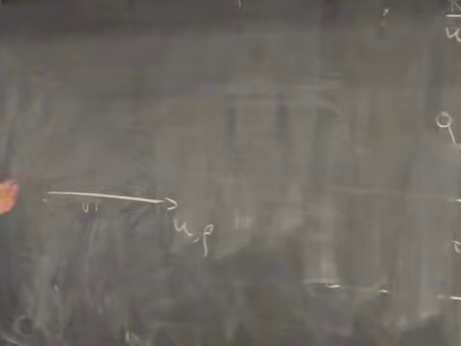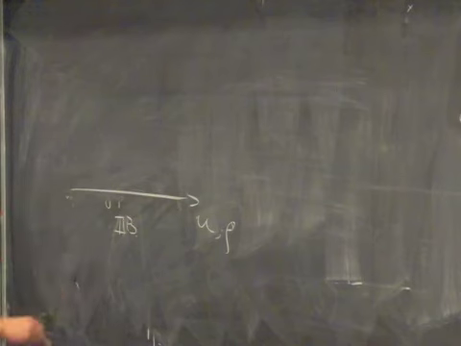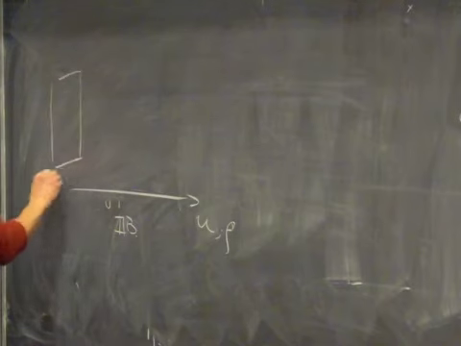So you have a bulk, and if you want, some boundary. Now, this is type IIB string theory. There are no open strings in this theory, but as you know, if you want to put an open string, you have to put a D-brane. So what you're doing is putting a D3 brane at some position.